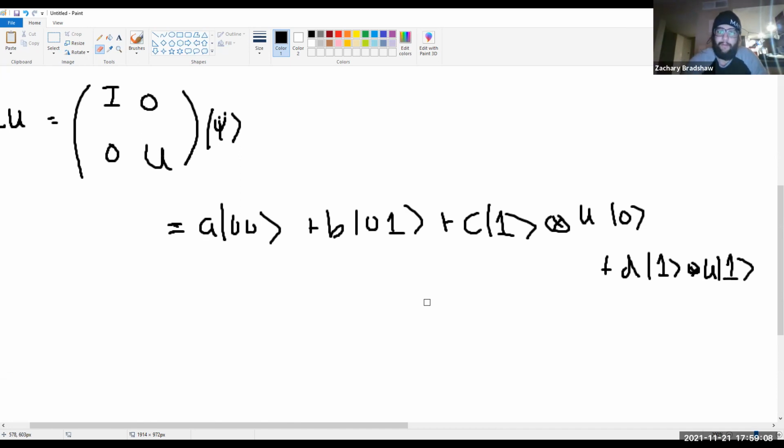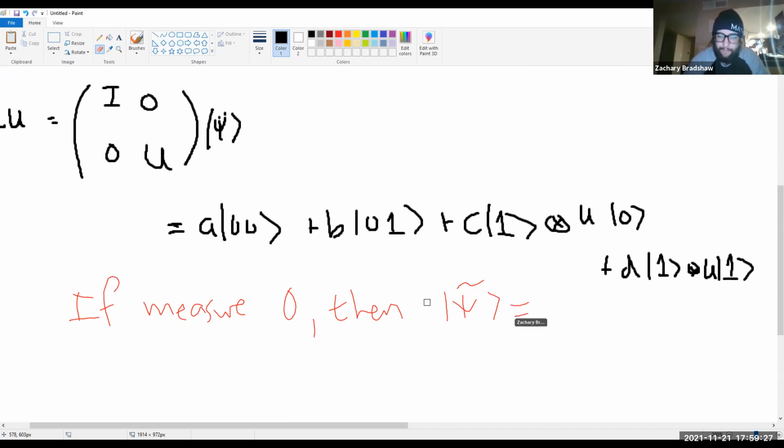So if we measure 0, then the resulting state, psi twiddle, is equal to A|00> plus B|01> over modulus of A squared plus modulus of B squared.